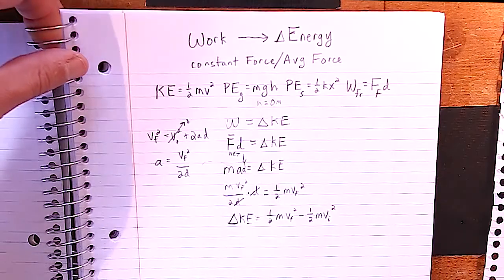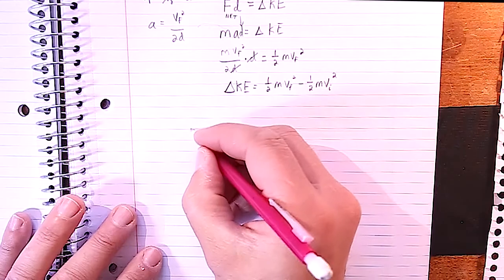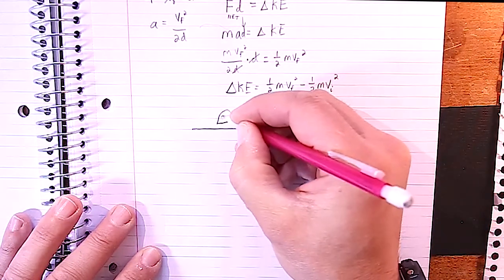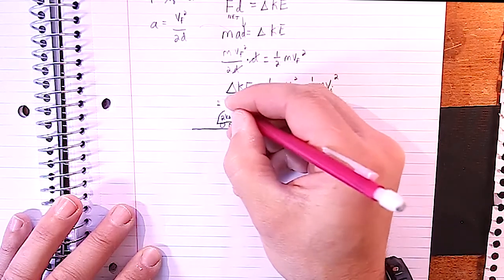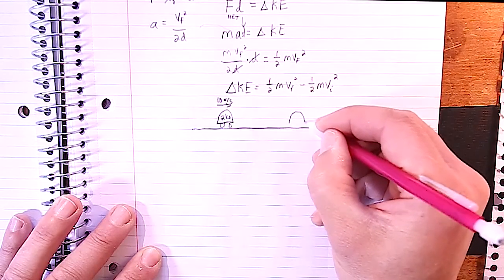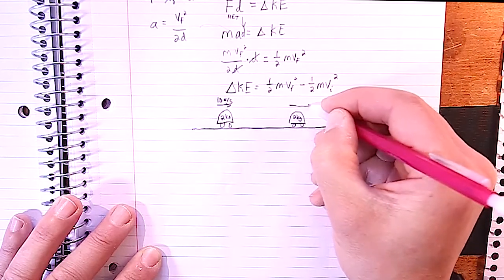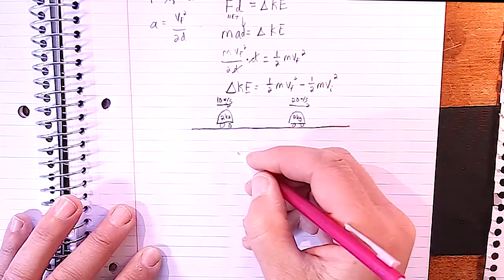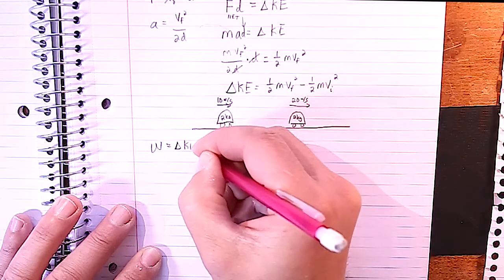So let's look at a very important subtlety here, which would be if we had a car, let's say a little cart, that is 2 kilograms, and it's moving along at 10 meters per second. And then it speeds up to 20 meters per second. And the question is, what is the work done? Well, we know that the change in kinetic energy is going to be our work that's done.